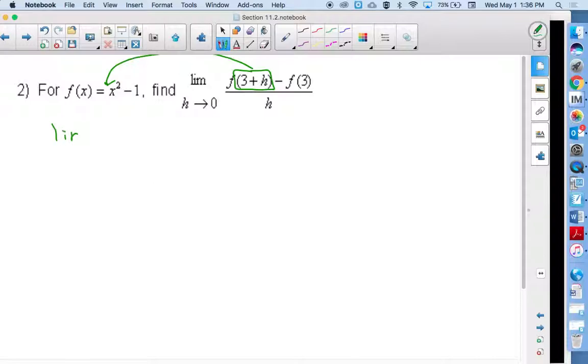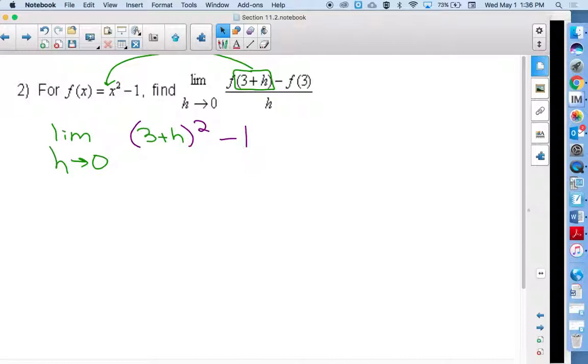So you cannot do anything with the limit part because I can't divide by 0. But I can take that 3 plus h and plug it in for x. So it was x squared, but we're replacing x with 3 plus h. And then there's still that little minus 1. That minus 1 was part of the original function, so you just keep it. It doesn't have an x with it, it just stays.